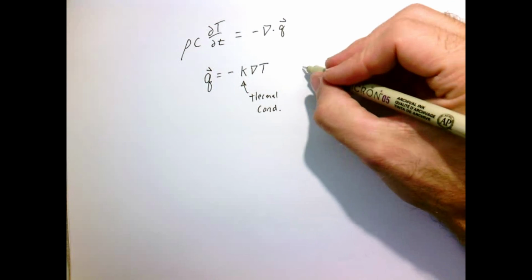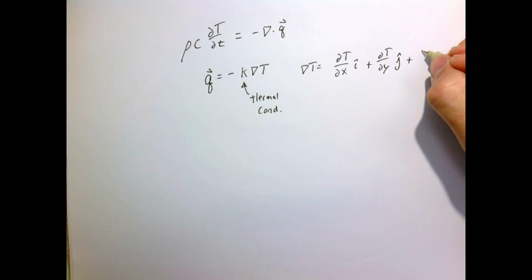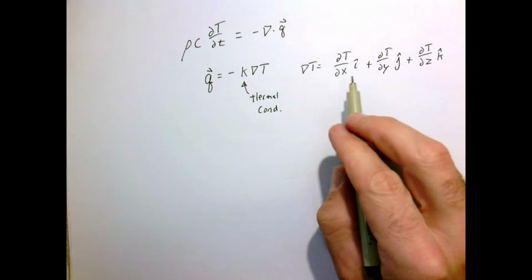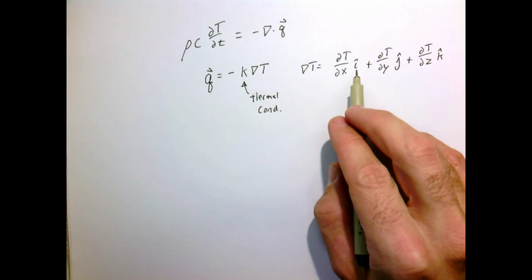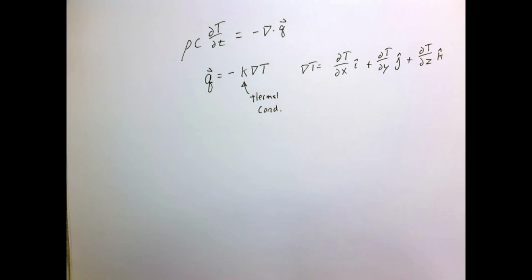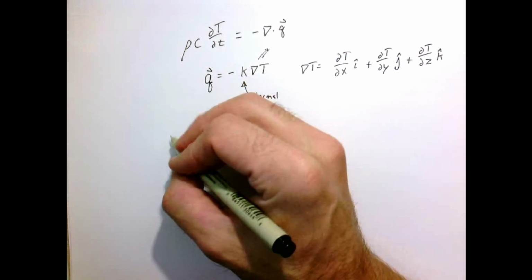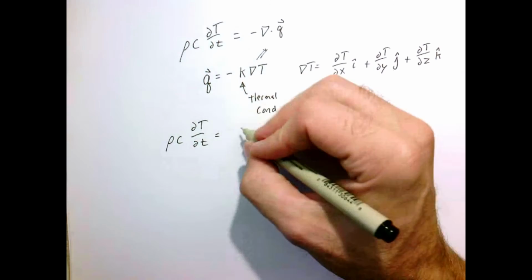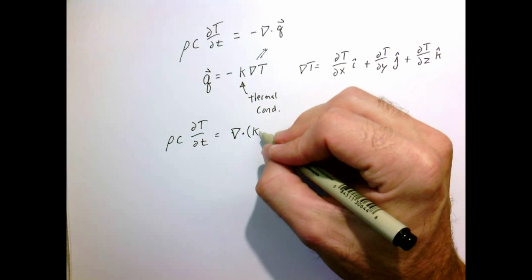And remember, the gradient is just the derivative in our three directions, x, y, and z, denoted by their unit vectors i hat, j hat, and k hat. So if we simply substitute this result into here, the negative signs will cancel, so I'll be left with a positive sign.